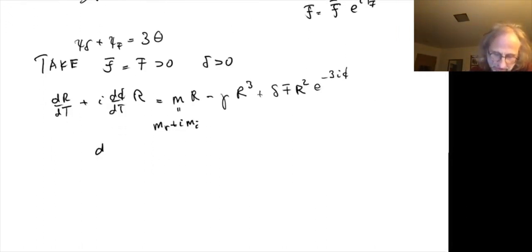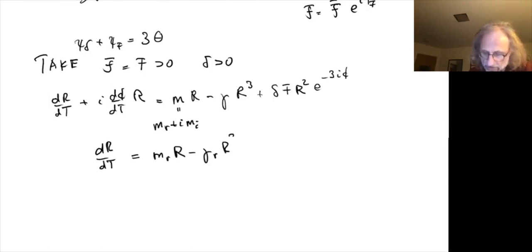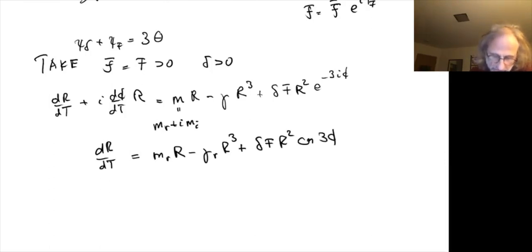I get dr by dt is equal to mr r minus gamma r cubed plus delta f r squared cosine 3 phi. And the imaginary part gives me d phi by dt. And I can cancel an r.